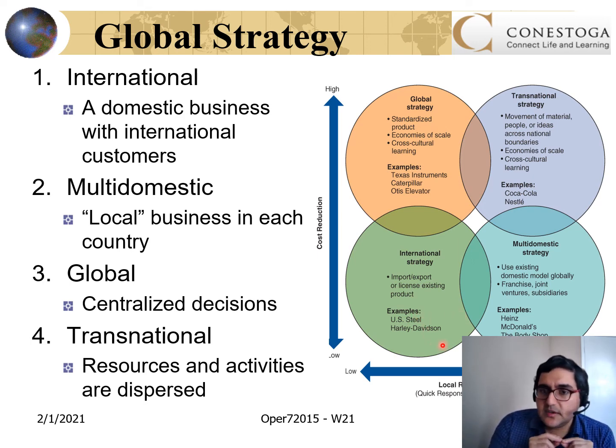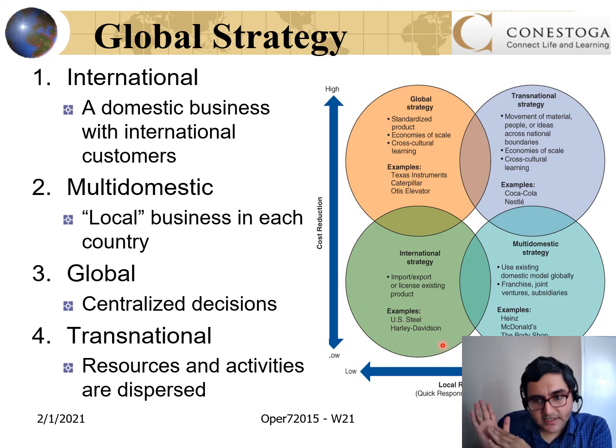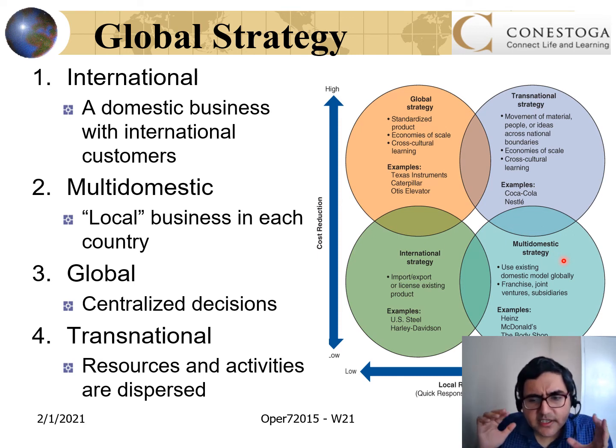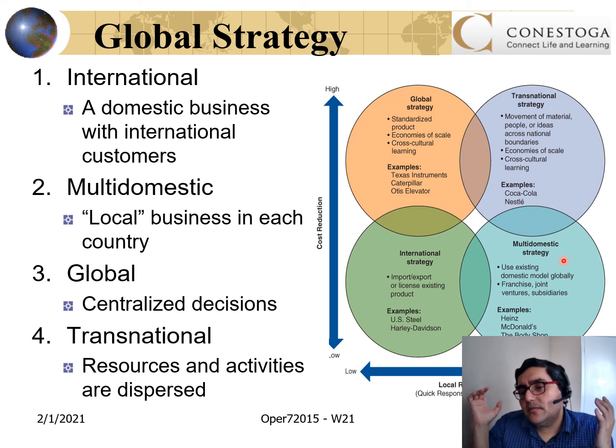So when I say there are 4 different global strategies, one is called a global strategy, the second is a transnational strategy, the third is an international strategy, and the fourth is called a multi-domestic strategy. You don't really need to memorize this, but you should have an understanding of how different companies go global.